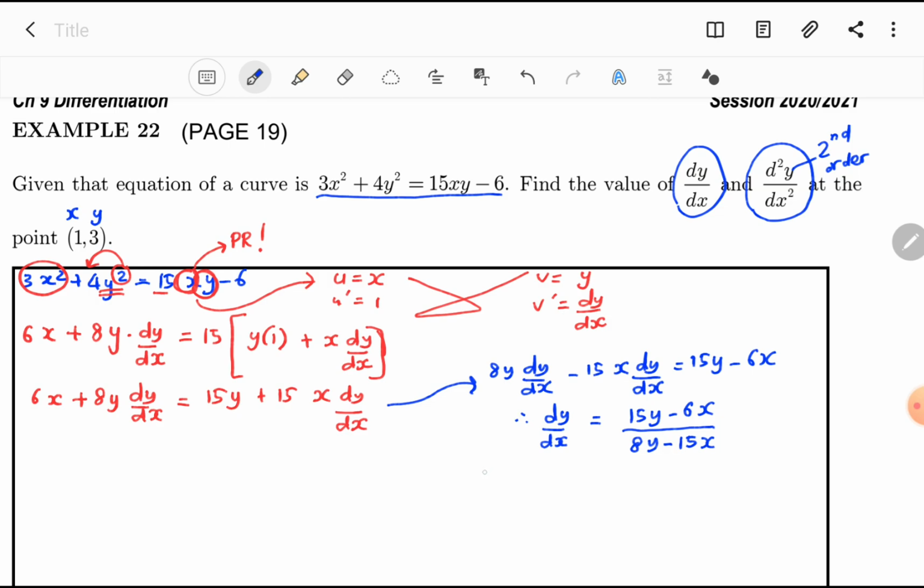And at the point 1, 3, dy dx equals 15 times 3 minus 6 times 1 over 8 times 3 minus 15 times 1. So the answer for dy dx is 13 over 3.